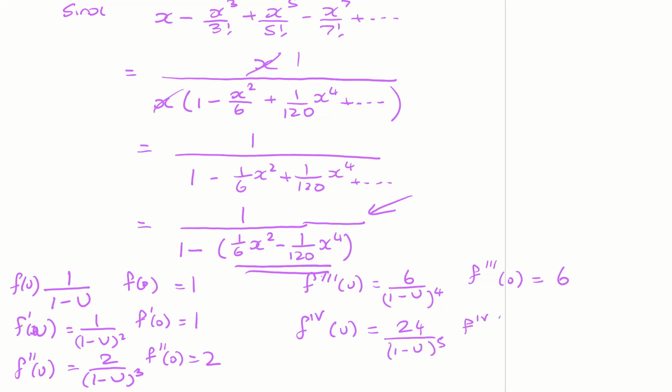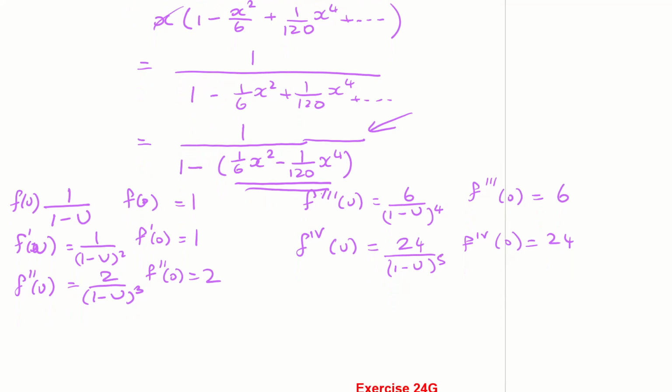So f4 of 0 is equal to 24. And that means that we can write 1 over 1 minus u as 1 plus u plus u squared plus u cubed.